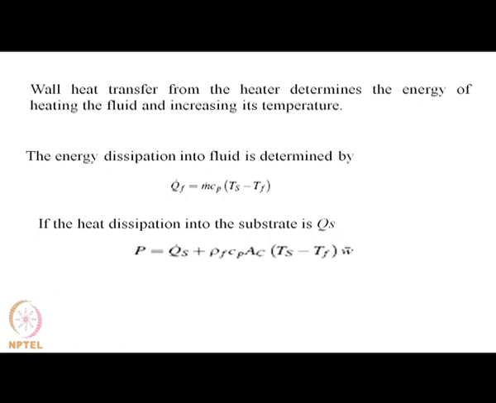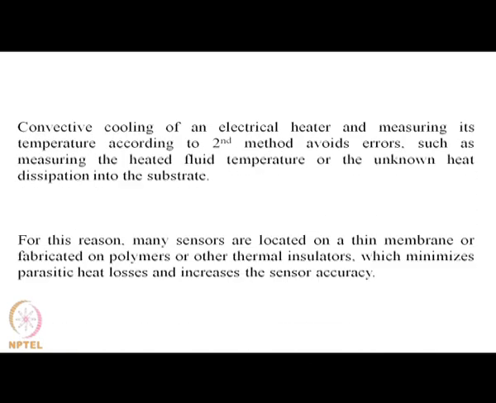If you look at the last equation, if the heat dissipation into the substrate is Qs, then the total power provided to the heater is the sum of Qs, the heat dissipation into the solid substrate, plus rho of the fluid, Cp of the fluid, area of the heater times T of the heater minus Tf, multiplied by W, where W is the velocity. So, this gives us the complete equation for the heat loss from the sensor surface.